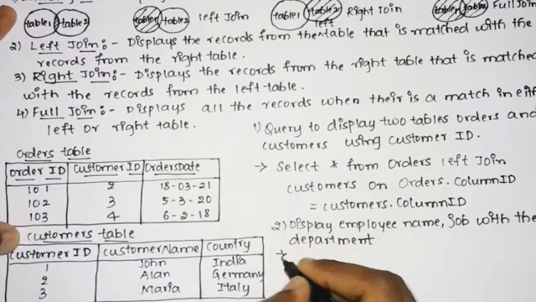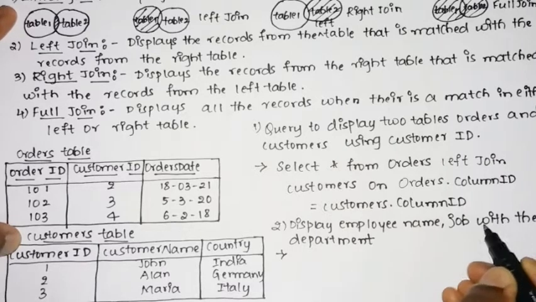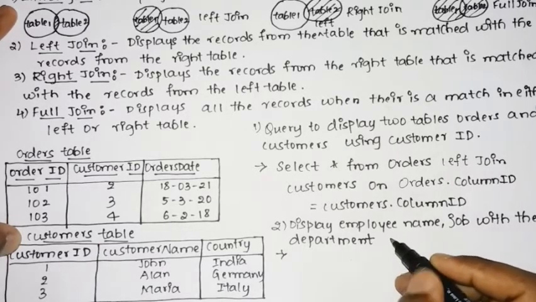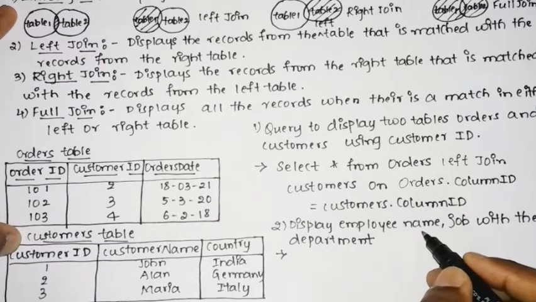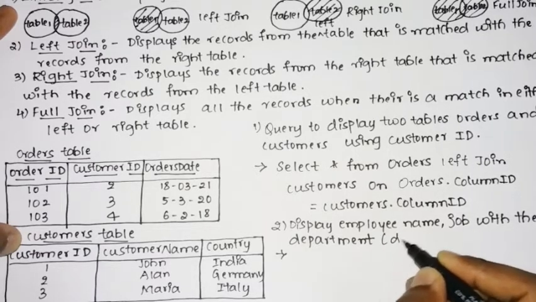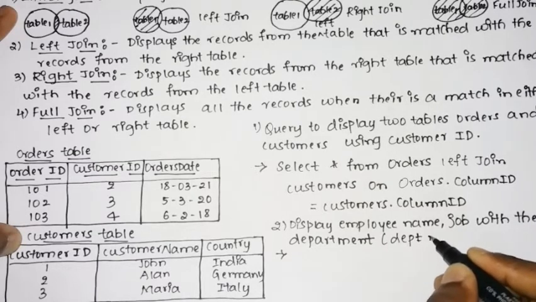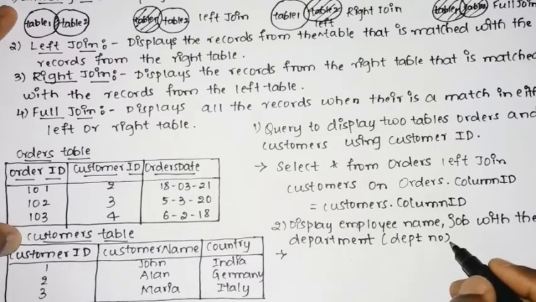Here you can see they have told us to display the employee name as well as the job with their department. So clearly we need to display the employee name as well as the job of the person with their department number, which means the common column between the 2 tables is department number. So you can easily note that down.